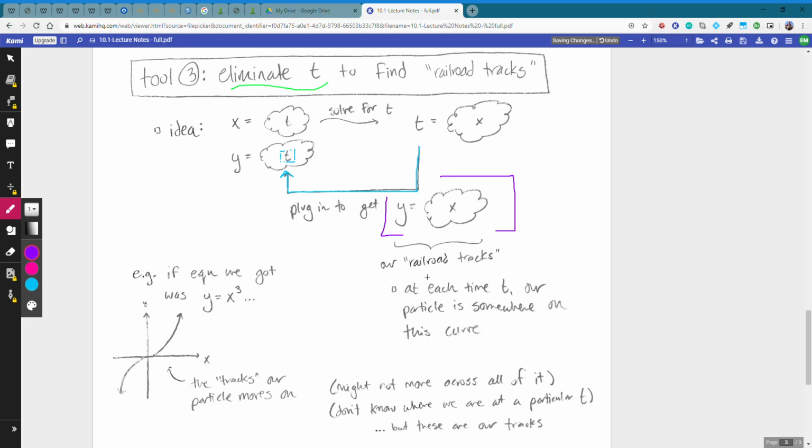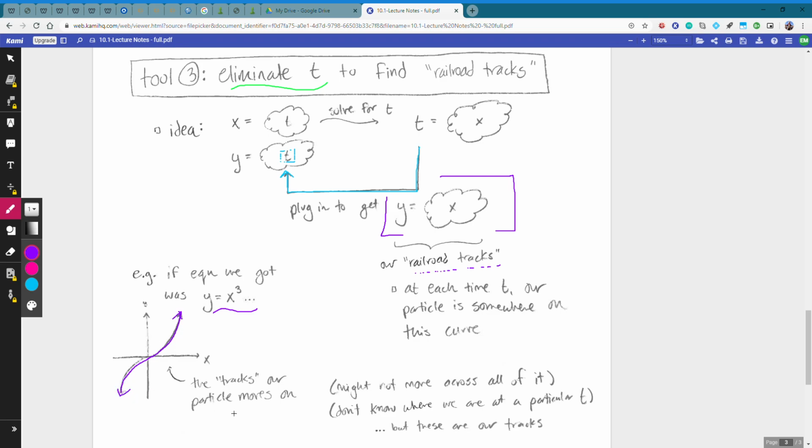And what I claim is that this curve is giving us somehow railroad tracks for our particle, meaning that at each point in time t, our particle is locked into this curve. It can never venture outside of it. So as a made up concrete example, if the equation we got here for our railroad tracks was y equals x cubed, well, that looks like this.